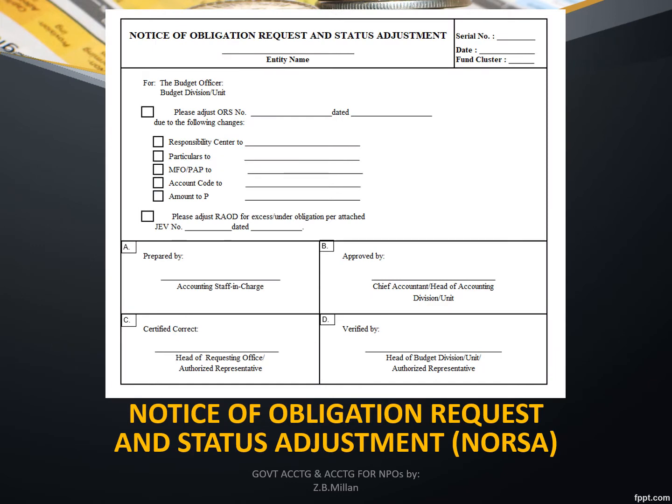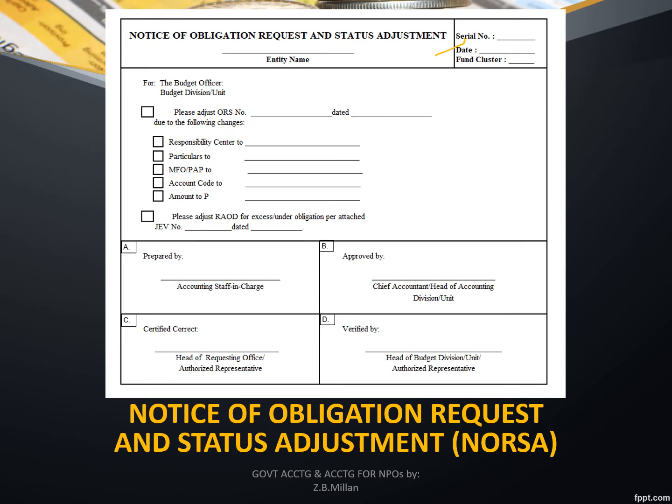So, paano naman if there will be a need for adjustment sa amount recorded in the RAOD and ORS? If the obligations recorded in the RAOD and ORS need to be adjusted, the subsequent adjustment shall be made through the use of what we call Notice of Obligation Request and Status Adjustment or the NORSA.